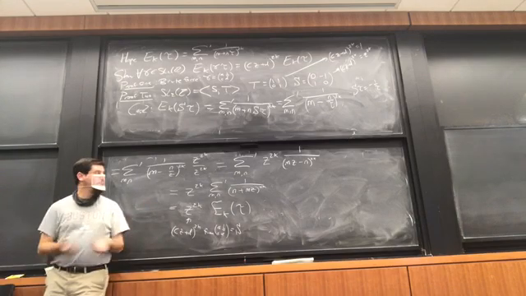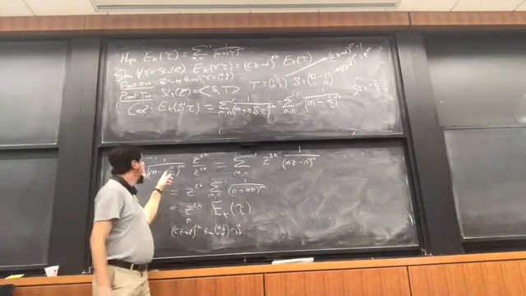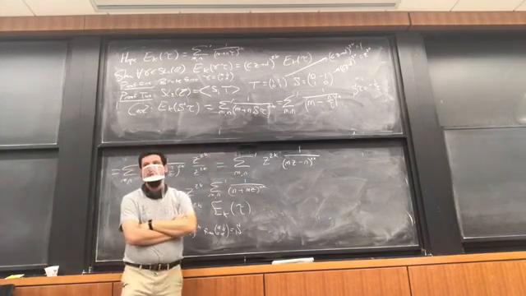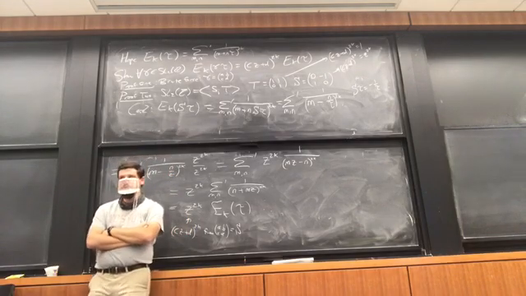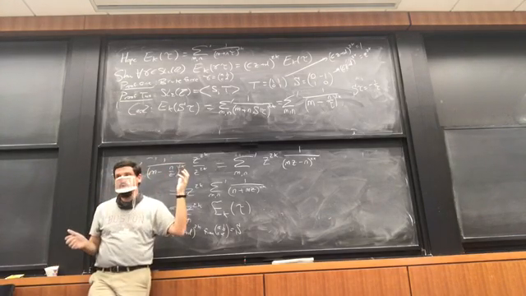You could ask, how much worse would it have been to do the general case? If you now have, instead of having s tau, if you had a tau plus b over c tau plus d, you would multiply through by c tau plus d over c tau plus d to the 2k. And you can say, oh, that's exactly what we wanted.